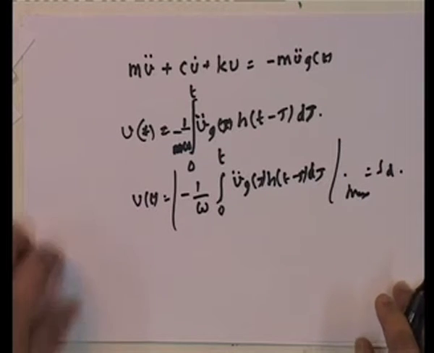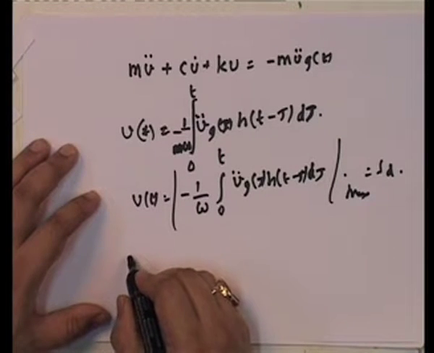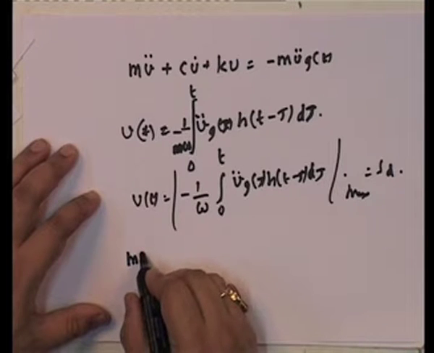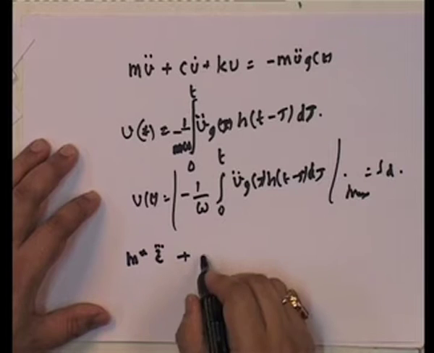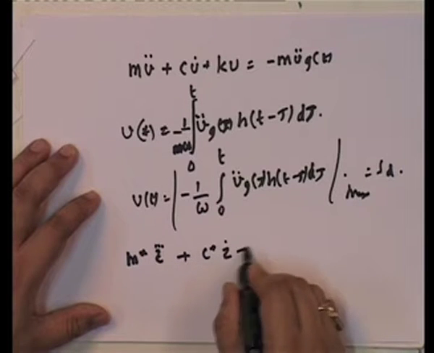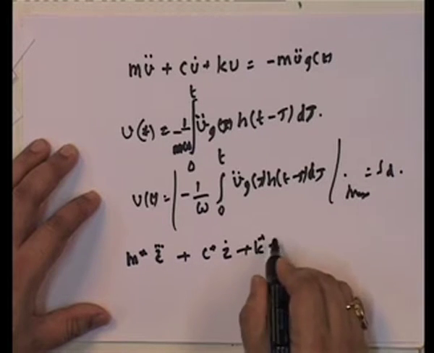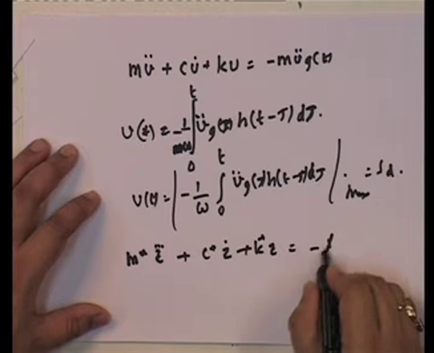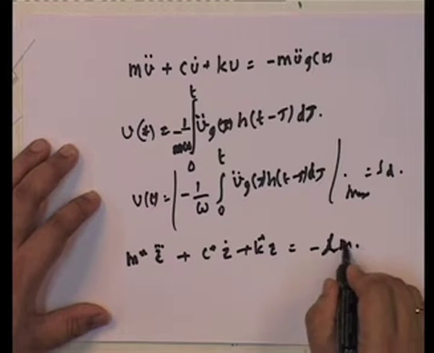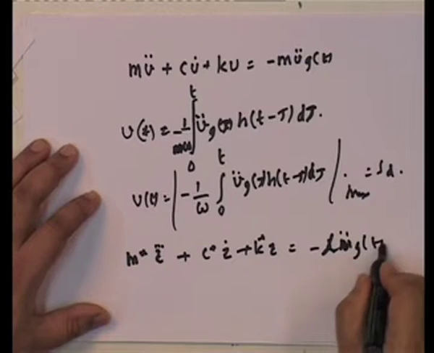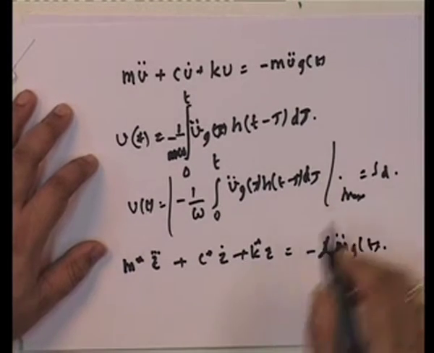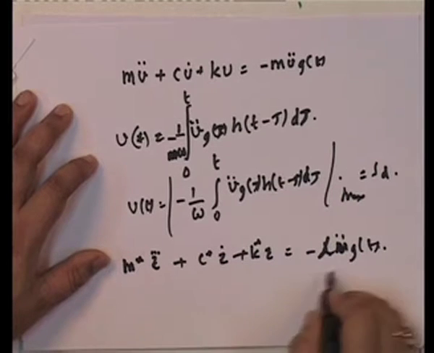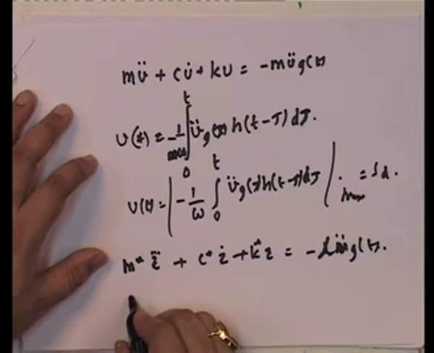Okay. So, now let us look at this particular problem. This problem essentially is m star z double dot plus, well, it does not matter, c star k star z equals minus L v g double dot upon n. So, if you really look at it, what will be the response of this?